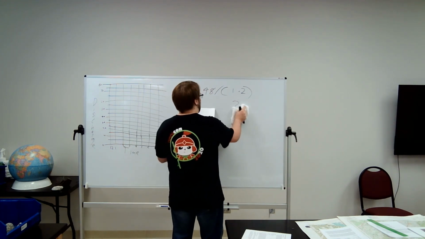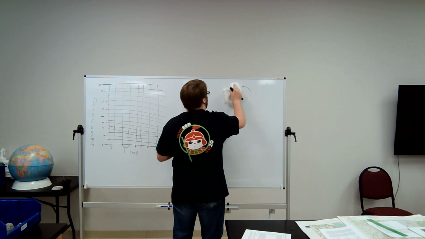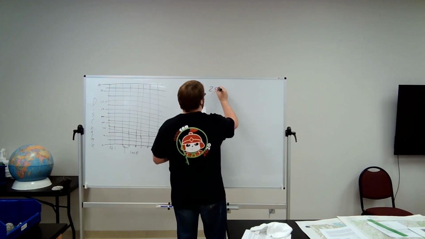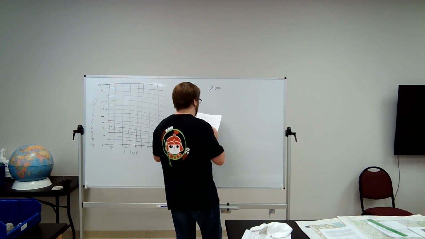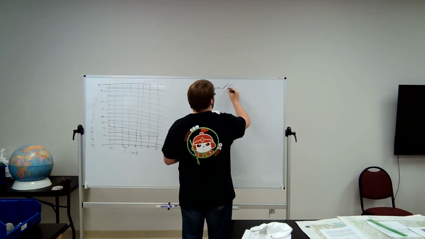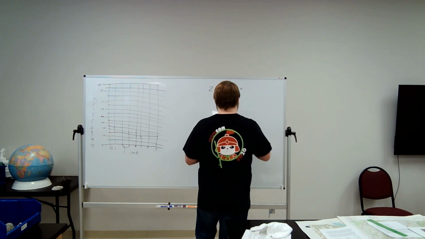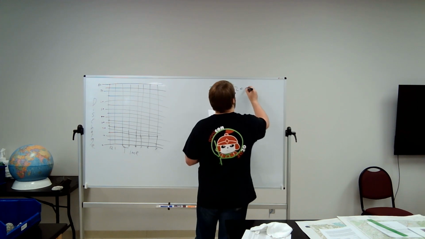So, if the stream has a discharge of 200 cubic feet per second, and then its width is 20 feet, and its velocity is 2 feet.